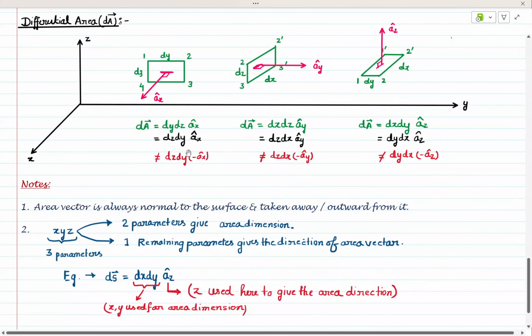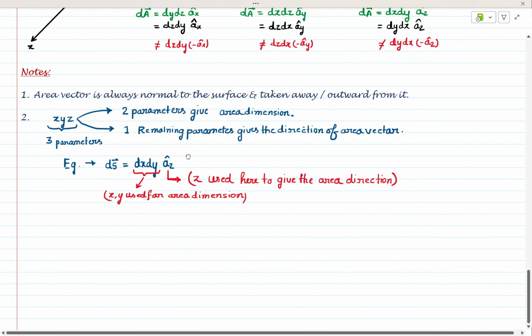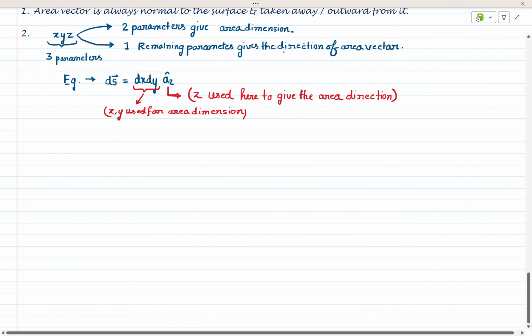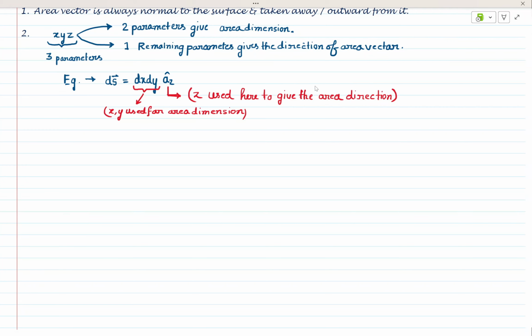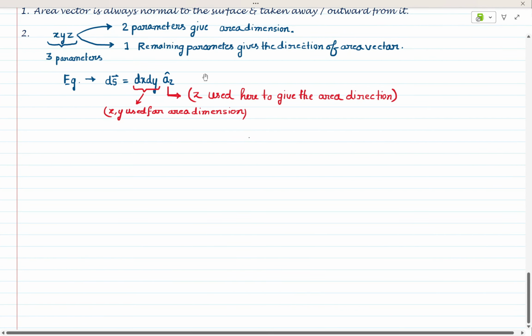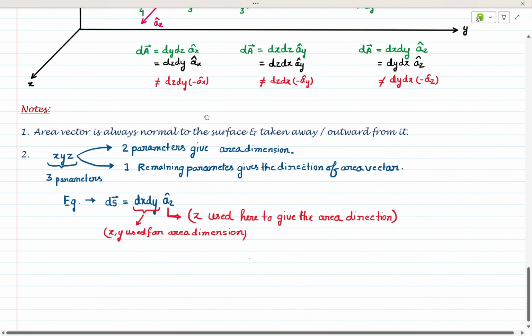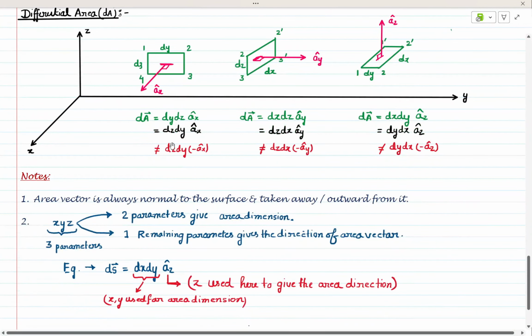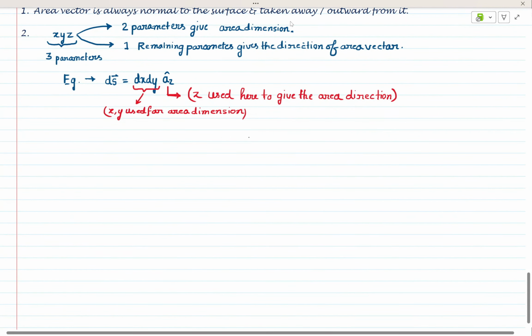Now let's come back to the last topic, that is the differential volume, which is very easy. Differential volume.